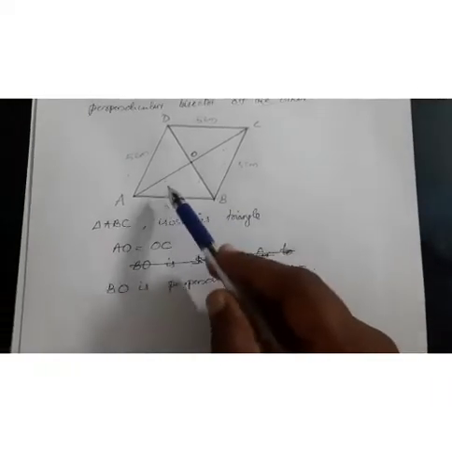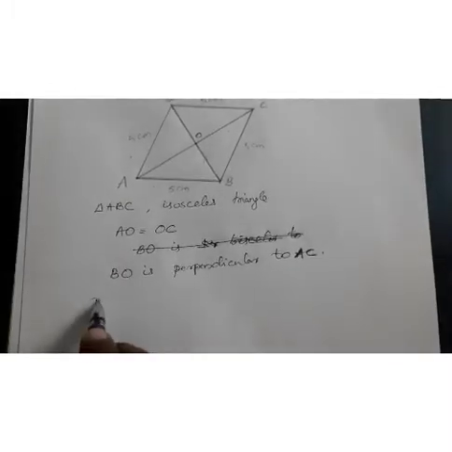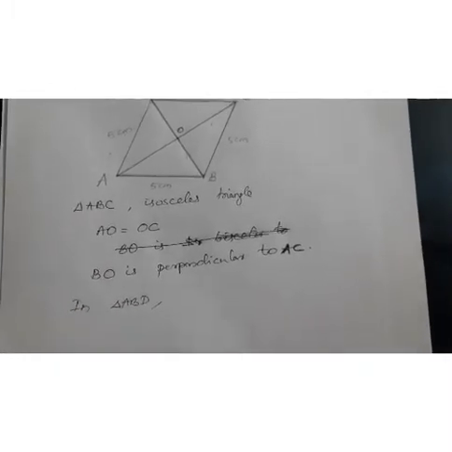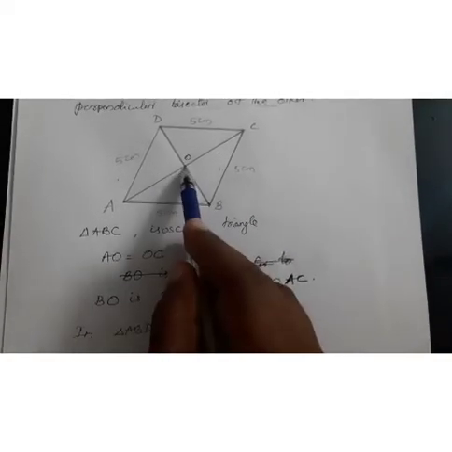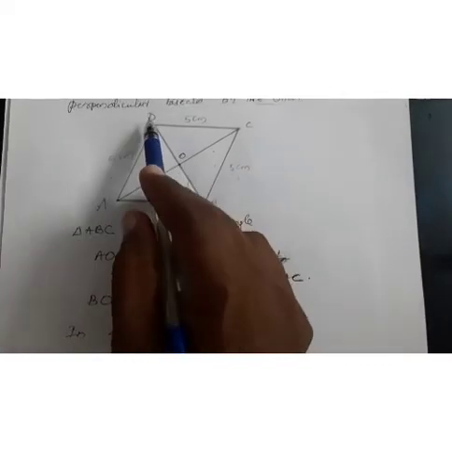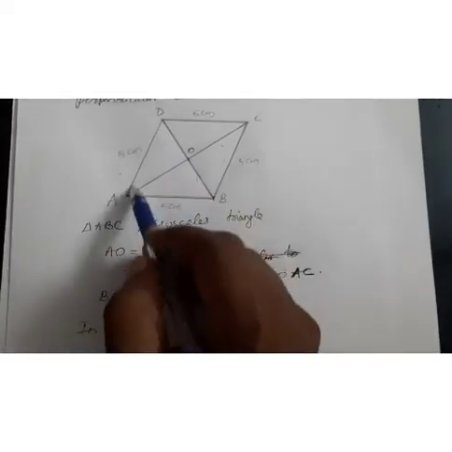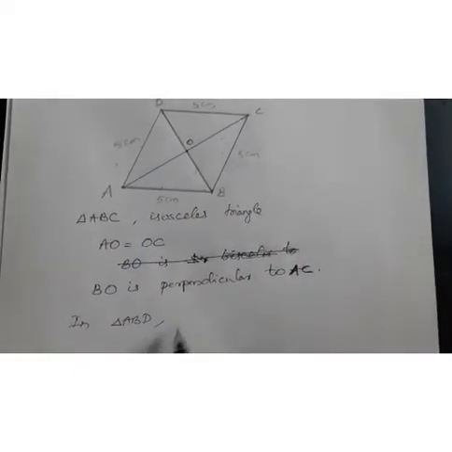Same like we can write the next triangle also, triangle ABD. In triangle ABD, this is the triangle. So BO is equal to DO. This is also an isosceles triangle because the sides are equal.